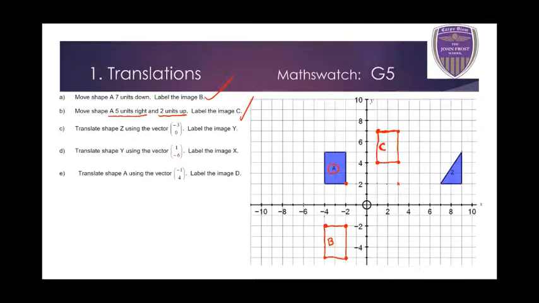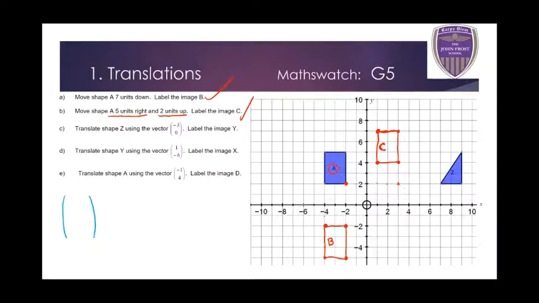Okay, so now for the next 3 questions, we're being asked to translate shapes using column vectors. Okay, and basically a column vector, as you may well remember from the lesson, is where we have 2 numbers on top of each other in a big bracket, okay?